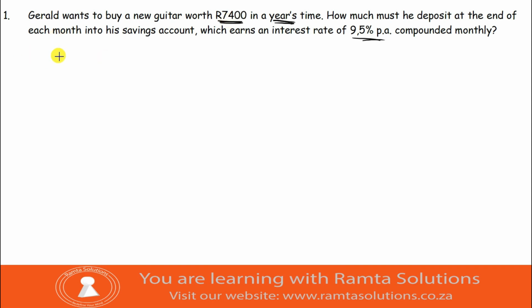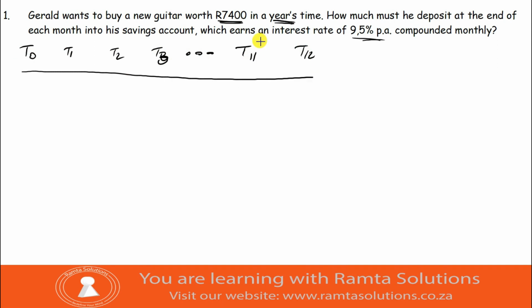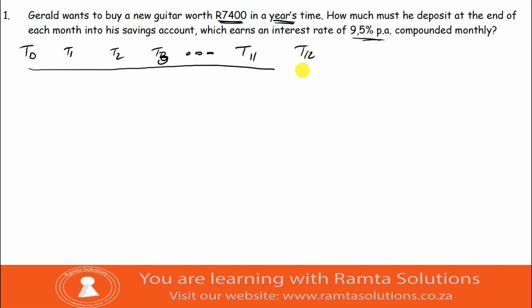Using future value annuities, we will say T0, T1, T2, T3, and so on until T11 and then T12. So what you know so far is that he should be getting 7,400 rands.